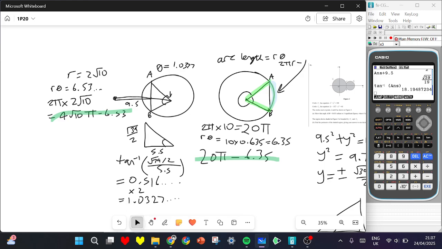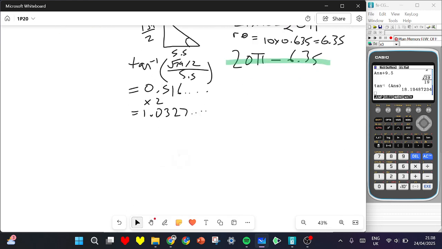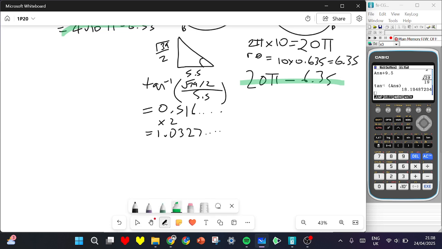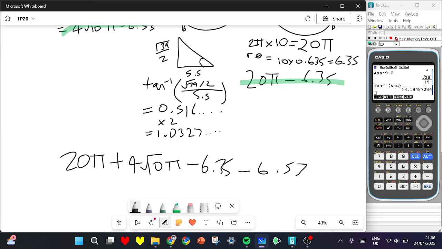So that's 20 pi plus 4 root 10 pi minus 6.35 minus 6.53.